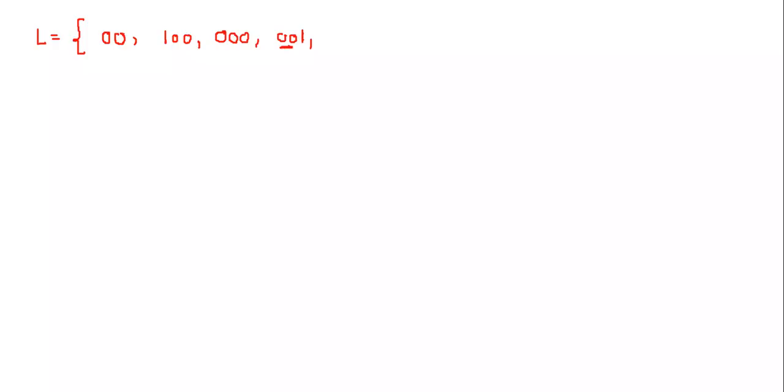It should contain 0, 0 as a substring. Suppose 1, 0, 0, 1 consists of the substring 0, 0. 1, 1, 0, 0, 0, 1 also consists of the substring 0, 0. Like that you can write an infinite number of strings, so it is called an infinite language, because the number of strings is infinite in the given pattern.